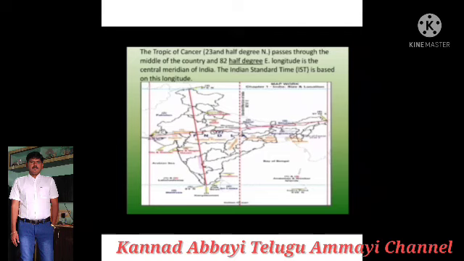One of the important longitudes passes through Allahabad in Uttar Pradesh. That is what we call the 82.5 degree east longitude. This longitude is called the central meridian, and the standard time of India is based on this longitude.